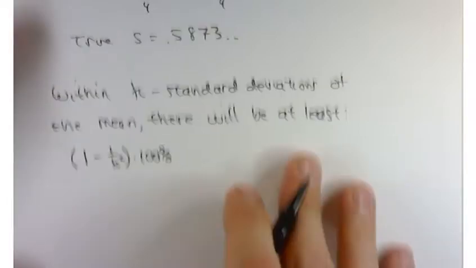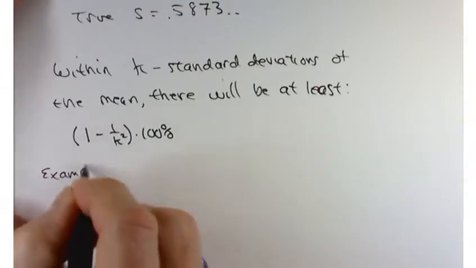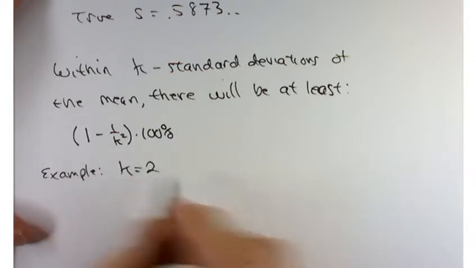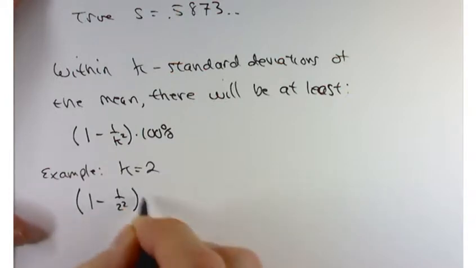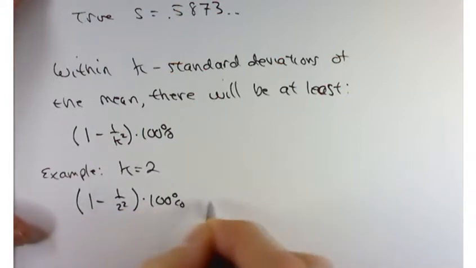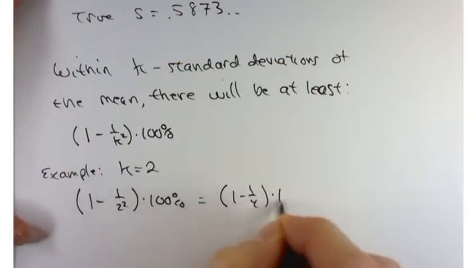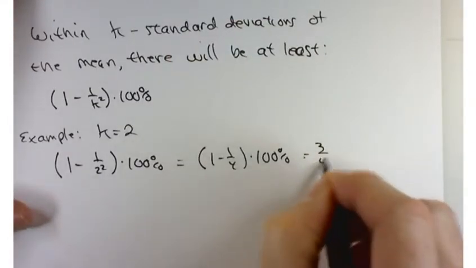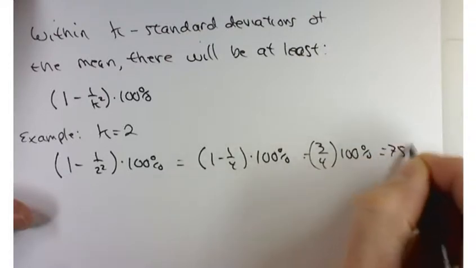So let's do kind of a quick example here. If k equals 2, then we get 1 minus 1 over 2 squared times 100%, which is 1 minus 1/4 times 100%. 3/4 times 100% gives you 75%.